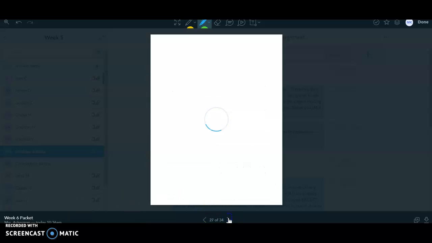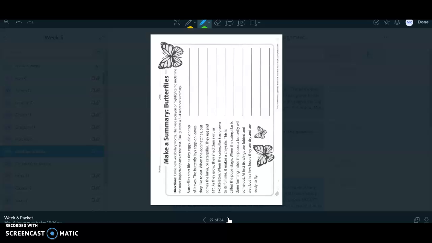For reading today, you are going to read this paragraph about butterflies, and then they are asking you to make a 3 to 4 sentence summary over here on the side. Remember, a summary is what was that story about? So this little story about butterflies on the side, what was it about in just 3 to 4 sentences, okay?